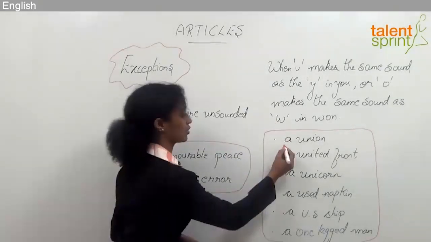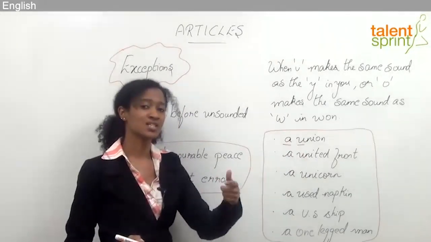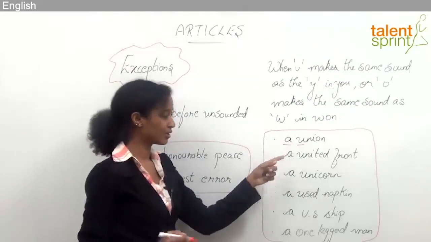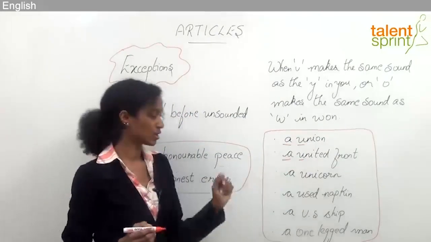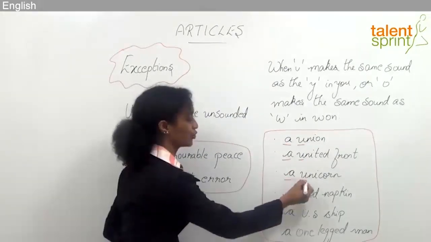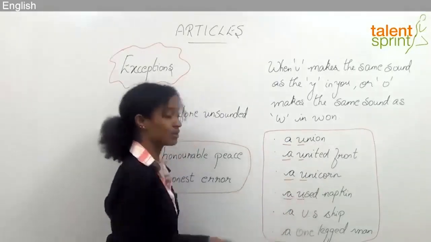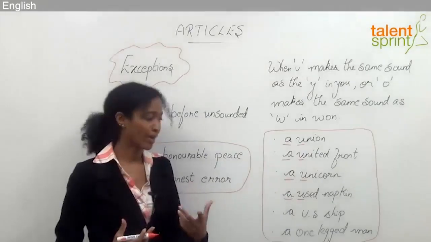A union. U is a vowel, but it takes up the consonant sound Y. So instead of using an, I use a. Same thing. A united front. A unicorn. A used napkin. In all of these words, U is taking up the consonant sound Y.